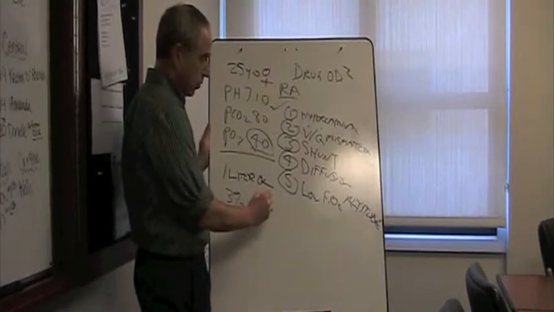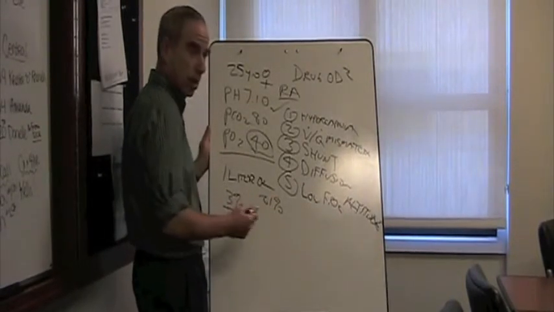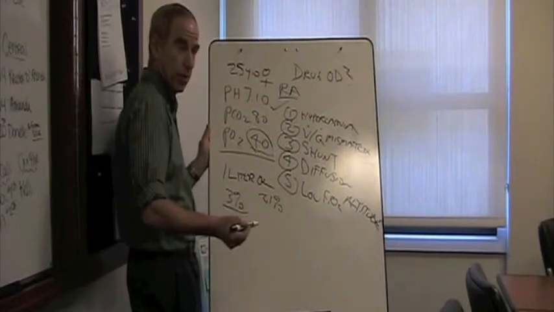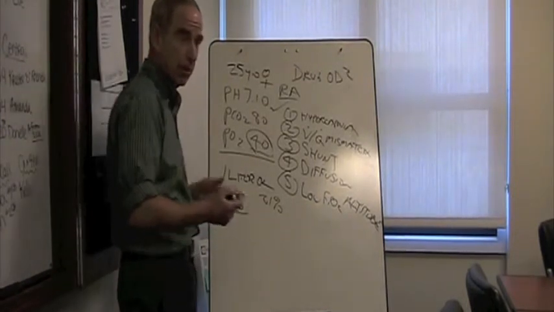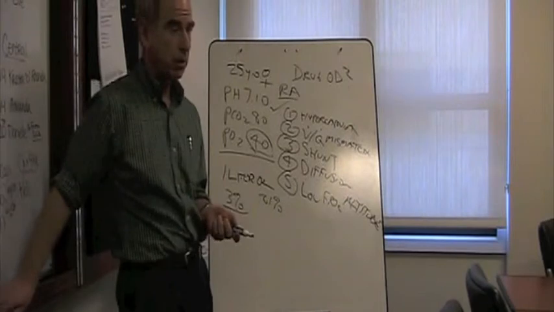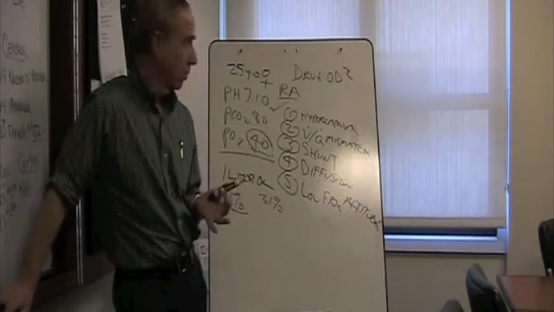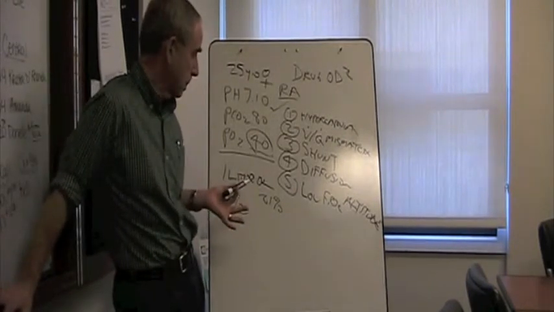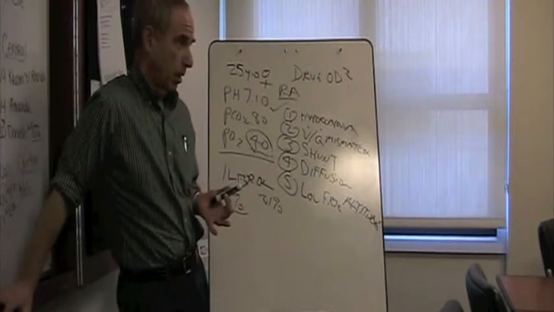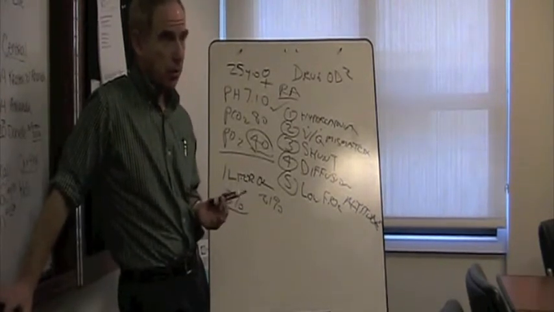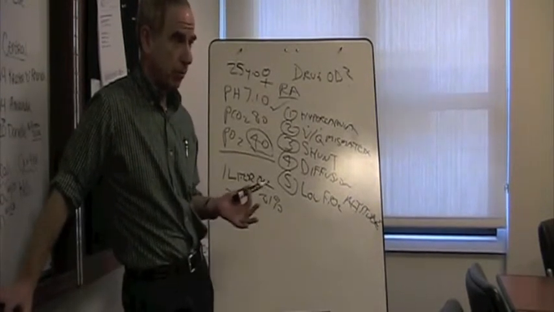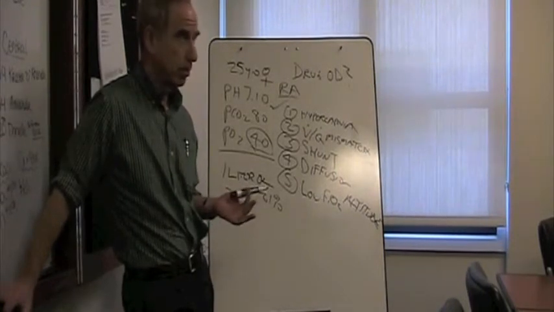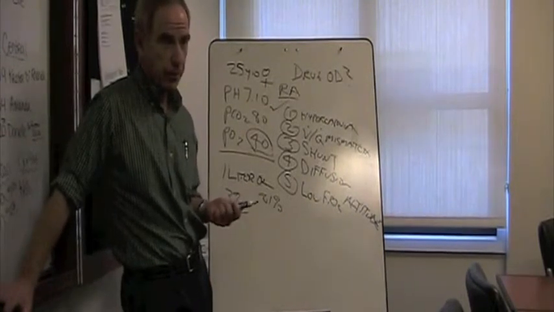So if you start at 21%, which is room air, 1 liter would be 24%, 2 liters, 27, 3 liters, 30, and so on. That's a rule of thumb. It holds true for most simple oxygen delivery devices.